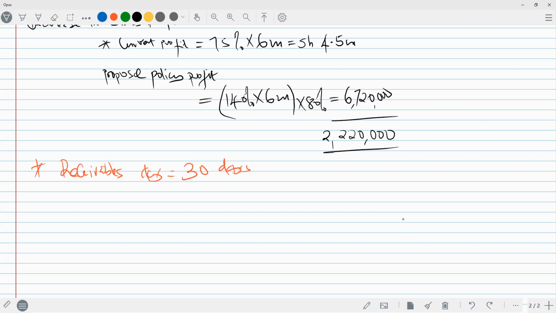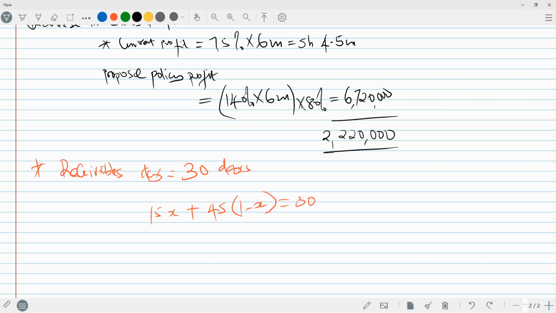There are two groups of customers, one paying in day 15 and one paying in day 45. Let's assume the proportion of those who pay in day 15 is X. So 15X plus the other group who pay in day 45, which of course is the balance, 1 minus X. The two combined make 100%. If those who pay in 15 are 40%, those who pay in 45 are 100 minus 40%, therefore 1 minus X, to give us on average 30.